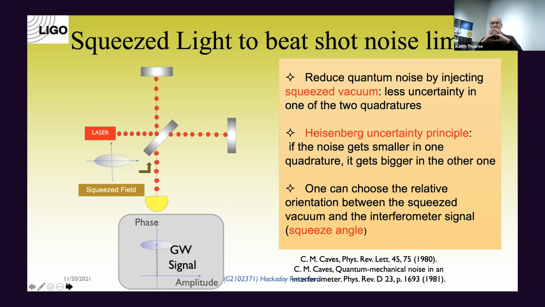The area has to stay the same, so we squeeze it so that all the uncertainty is in the amplitude we don't care about, but there's much less uncertainty in the phase, which is what we do care about. When you do this, you can improve that uncertainty by several dB, 6 dB or so. So that was our quantum hack.